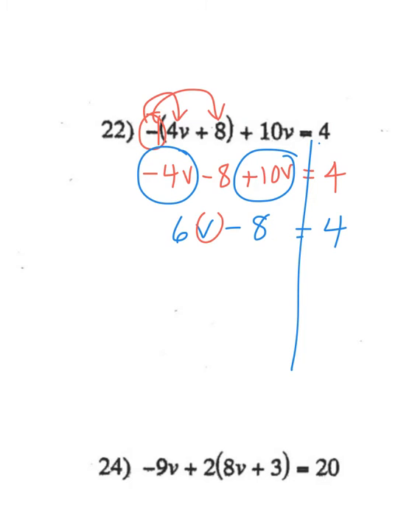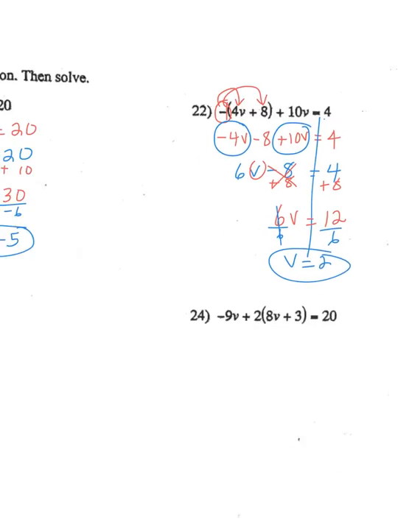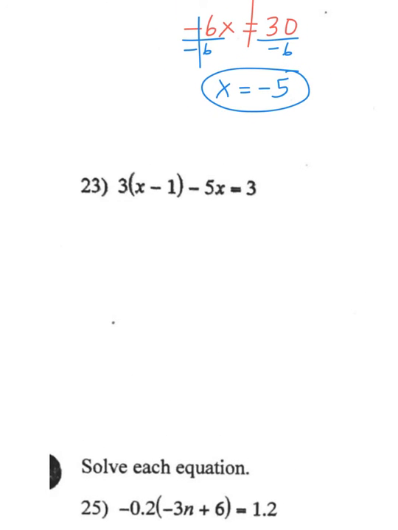Here's my v. So plus 8, that goes away. 6v equals 12. And divide by 6, v equals 2. All right, here we go. Distribute.